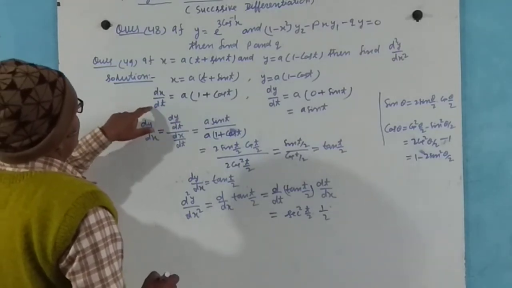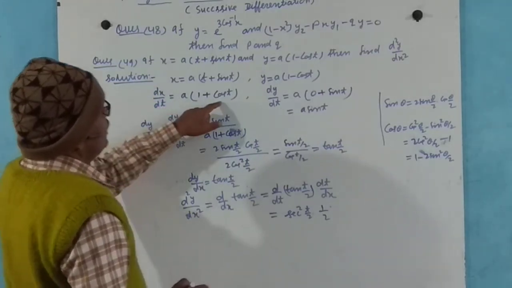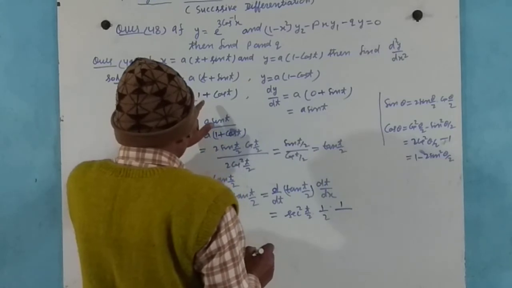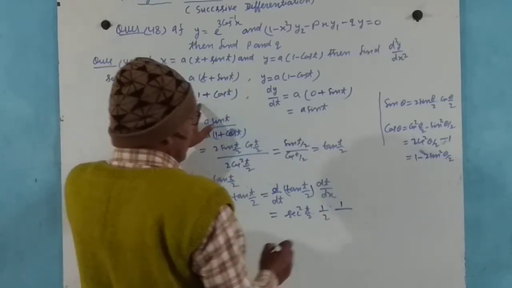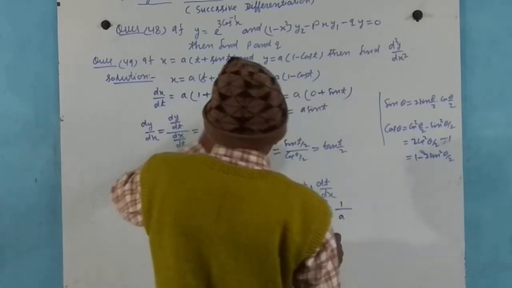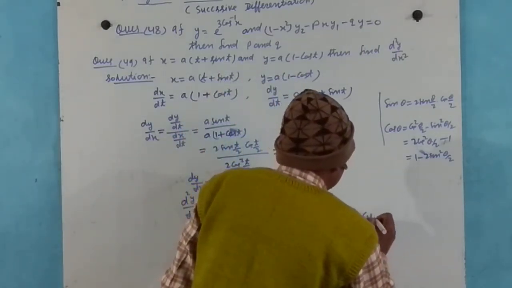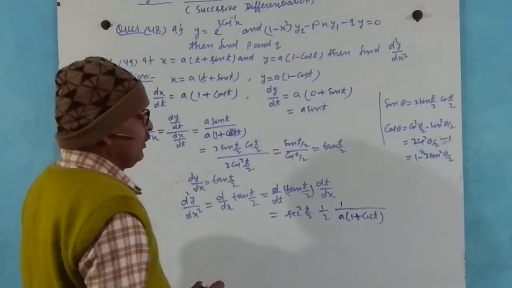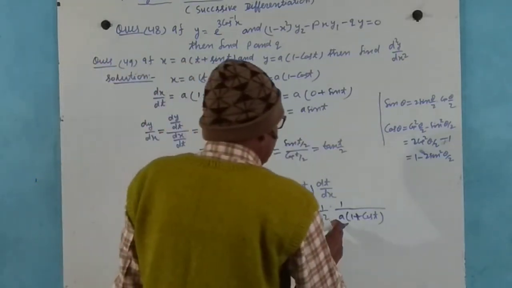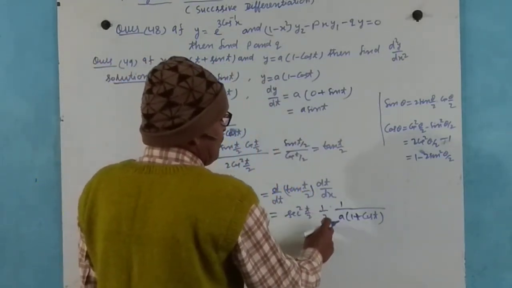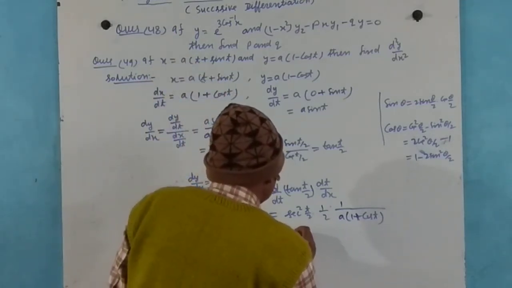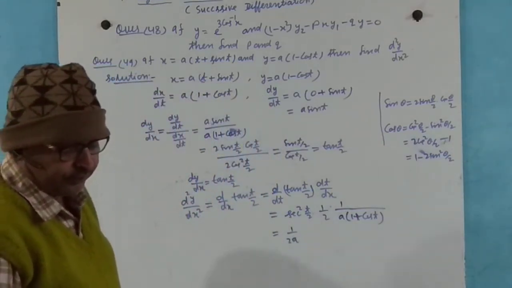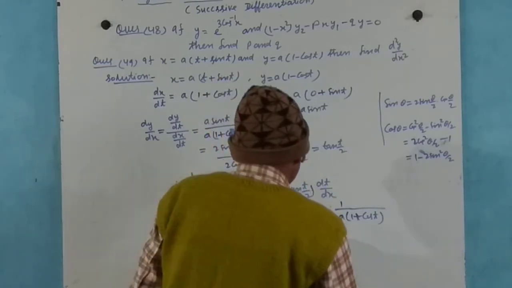so that dt by dx is equal to 1 by these terms, 1 by a into 1 plus cos t, so that this is equal to 1 by 2a sec square t by 2.